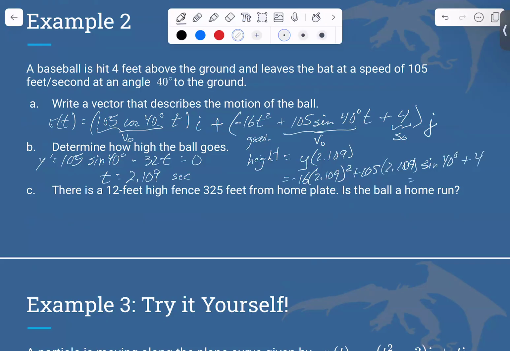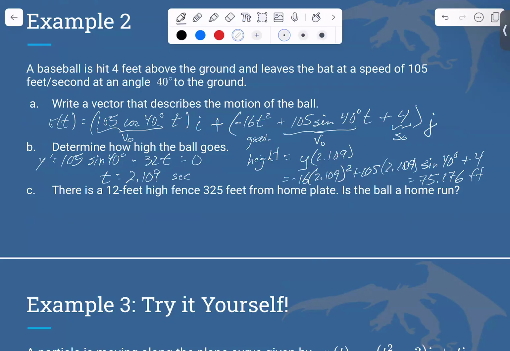And that is going to end up being 75.176. So it's actually pretty far up. Okay. So now there is a 12-foot high fence, 325 feet from home plate. Is this baseball a home run?